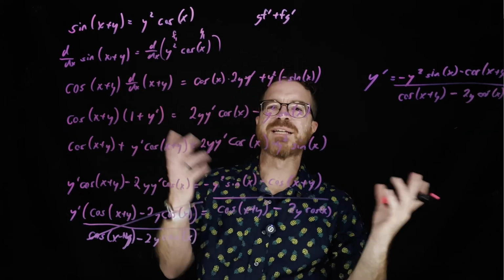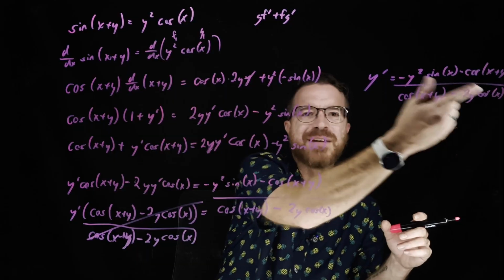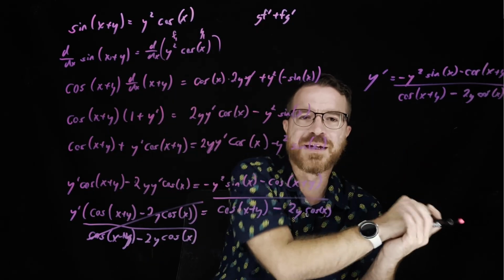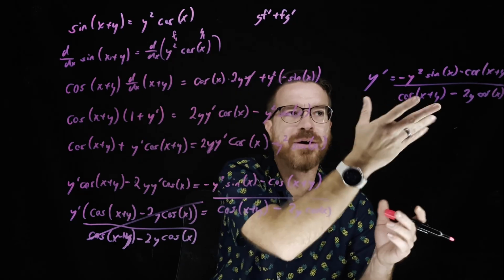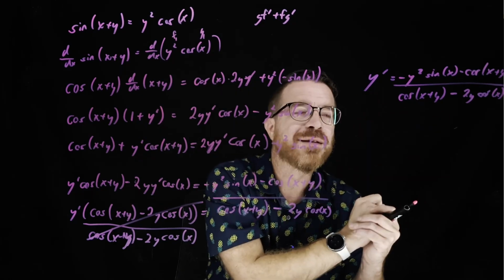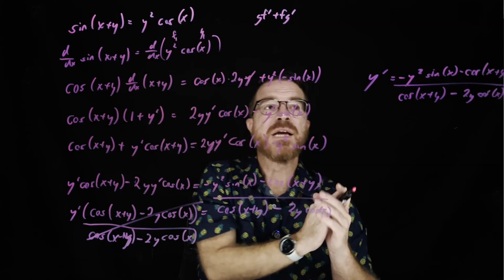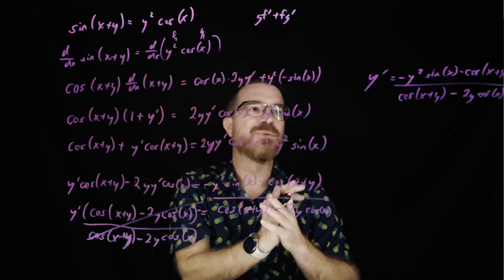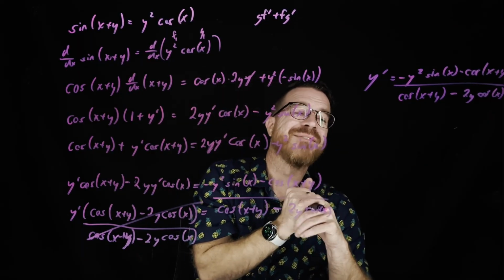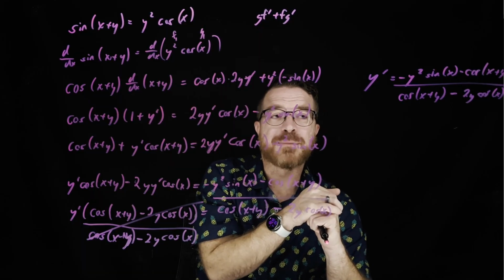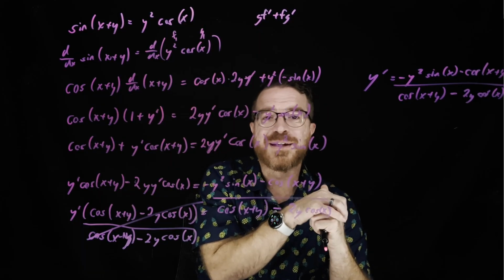And I think the only reason I did it on the slide that way is I put the cosine of x plus y terms in the front, and then the cosine and sine with just respect to x on the left side. But either way, this is still the same thing, and we have our implicit differentiation to give us y prime. We have that y prime is equal to minus y squared sine of x minus cosine x plus y divided by cosine of x plus y minus 2y cosine of x.